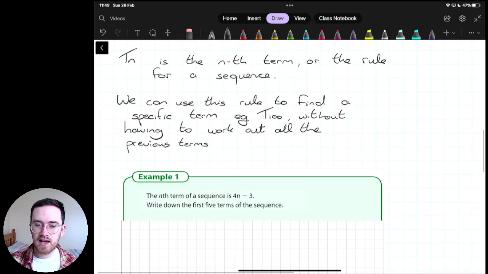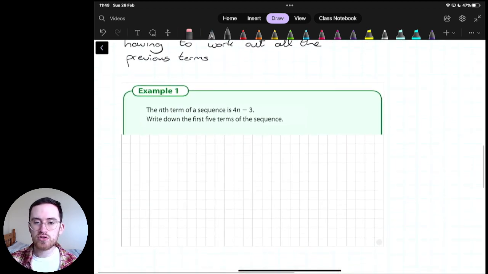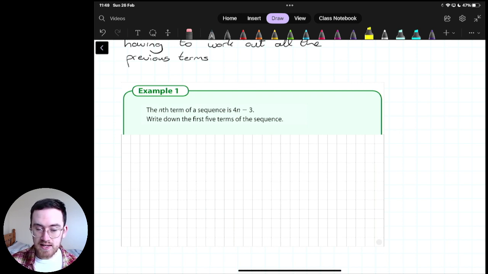We can see how that works a bit here. We're told that the nth term of a sequence is 4n minus 3, and what that means is for any number in this sequence, if I want to find the value of term number 1 or term number 2 or whatever it is, I can just sub that in for n, and that will tell me what the value is at that point.